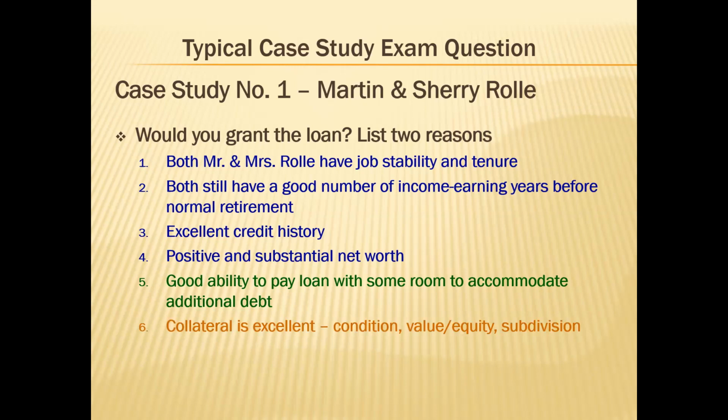The collateral is excellent. You talked about the equity, yes. And if we looked at the appraisal, you saw that the subdivision was upper middle class. The condition of the house was excellent because they had recently done some repairs. Okay, so all that comes into play.